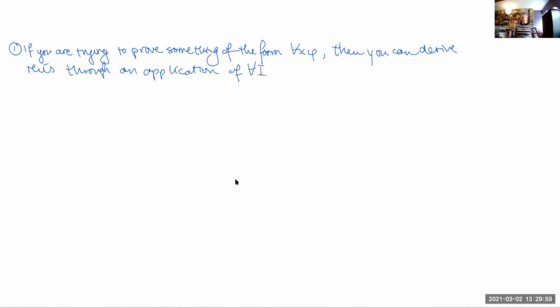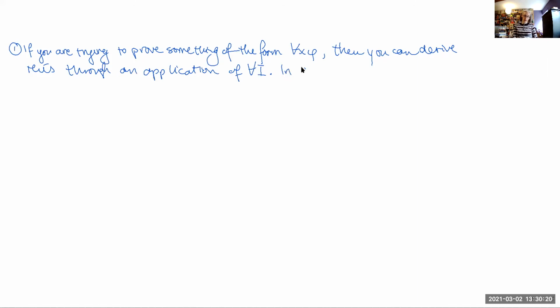Now, think about what this means. What do you have to have in order to be able to apply the universal introduction rule? So in order to apply this, you need to find phi with some term being used in it that you will be able to do your universal introduction on.